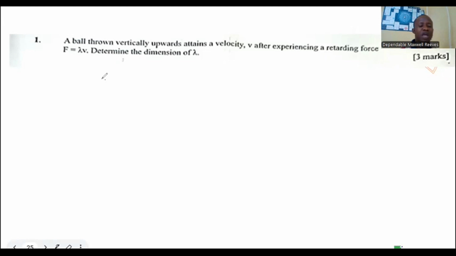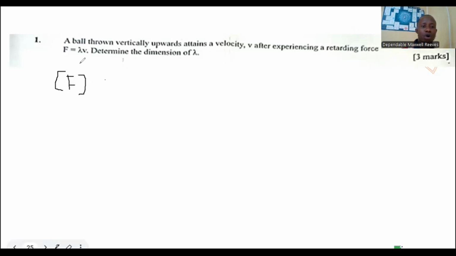The dimension of any fundamental quantity is always enclosed in a square or curly bracket. For example, the dimension of F can be written as curly bracket of F, which represents the dimension of the force F.